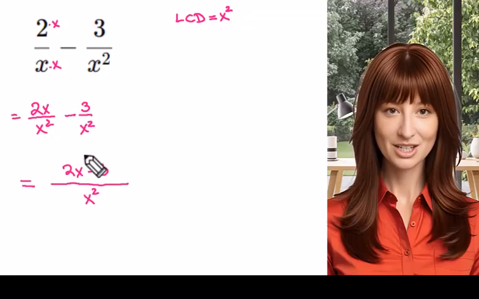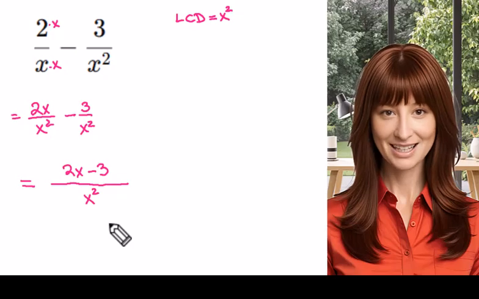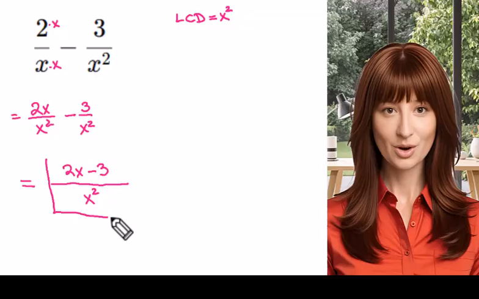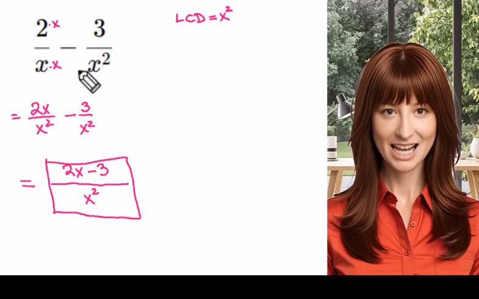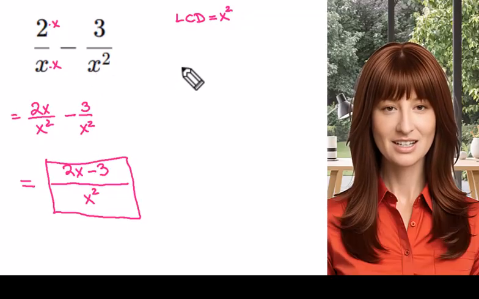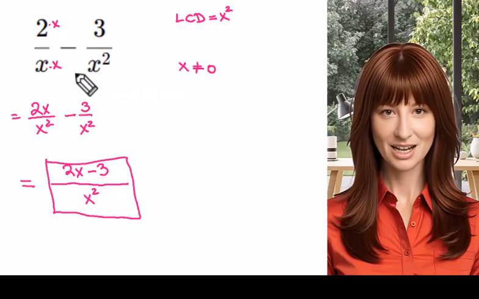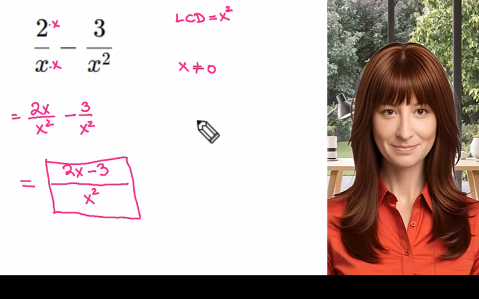Then we look again to see if there is anything that we can simplify, but in this case, we cannot. Of course, we should remove those values for which the expression is undefined from the very beginning. So let's make sure that x is not equal to 0. We do not want the denominator to become 0. All right, let's look at another example.